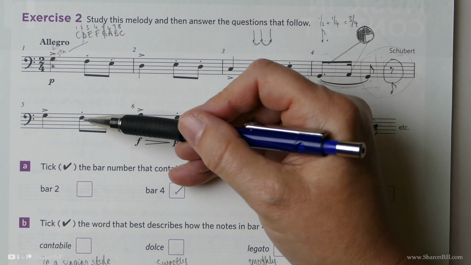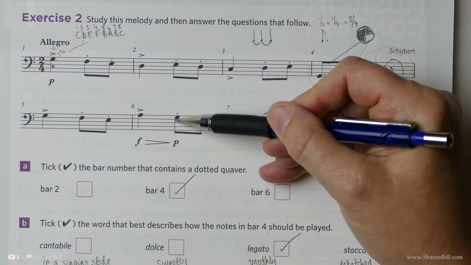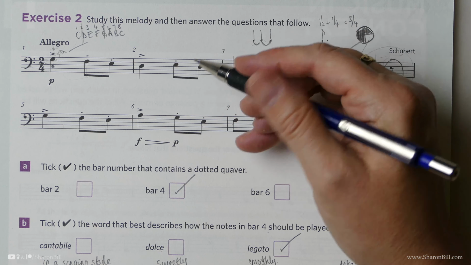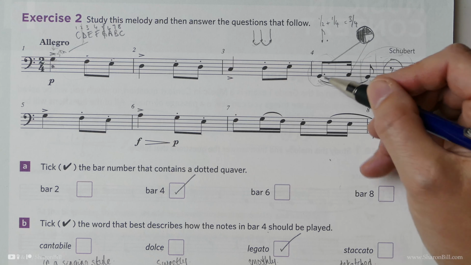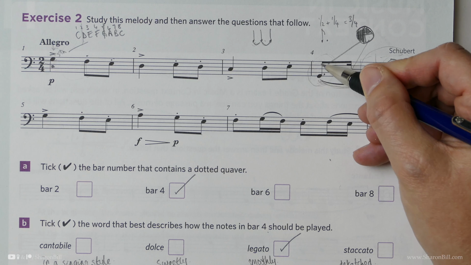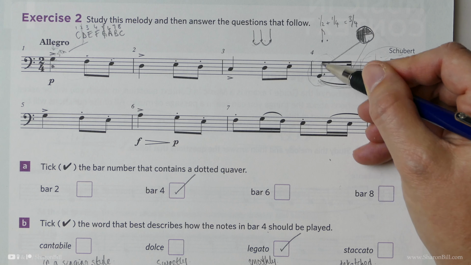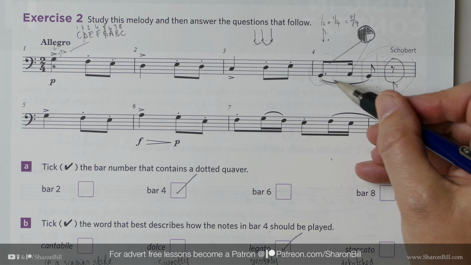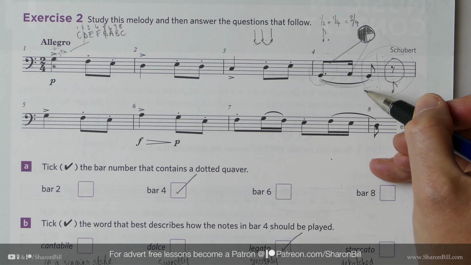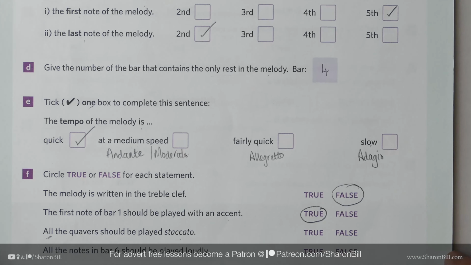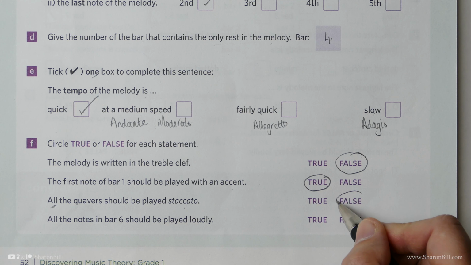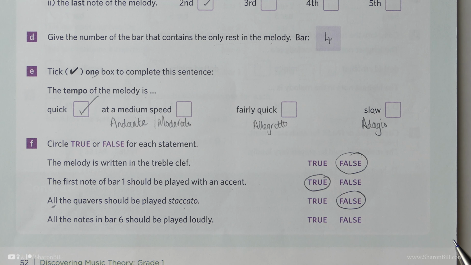It's a tricky one. Staccato, staccato, staccato. So you could be excused for thinking, yes, all of the quavers are staccato. But this is a dotted quaver, so this still falls under the umbrella of being in the staccato groupings, and that's actually slurred. So really, it's a false answer, although I can understand how you would perhaps think it was true because that's a dotted quaver, not just a quaver.